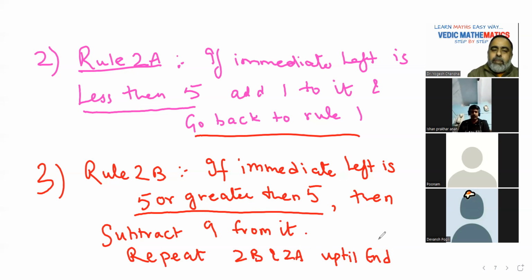Now this means if you are applying rule number 2A, you have to immediately go after that to rule number 1. But if you are applying 2B, there might be a situation when you can apply this a number of times. First, take the screenshot. I'll give you the example now.